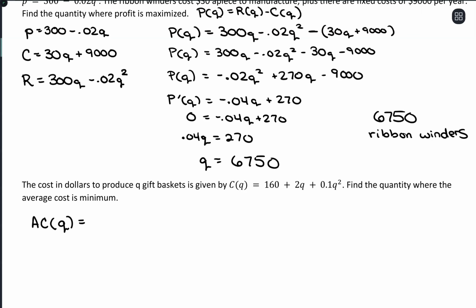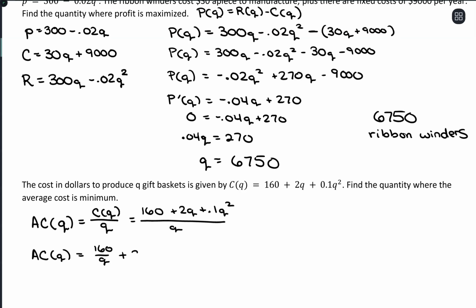So if we want the function for average cost, what we're going to do is take that cost function and divide by quantity. So we're taking that 160 plus 2Q plus 0.1 Q squared and dividing all of that by Q. So our average cost function is going to be 160 over Q plus 2 plus 0.1 Q. And we want to minimize that, so what we're going to do is evaluate critical values for it.